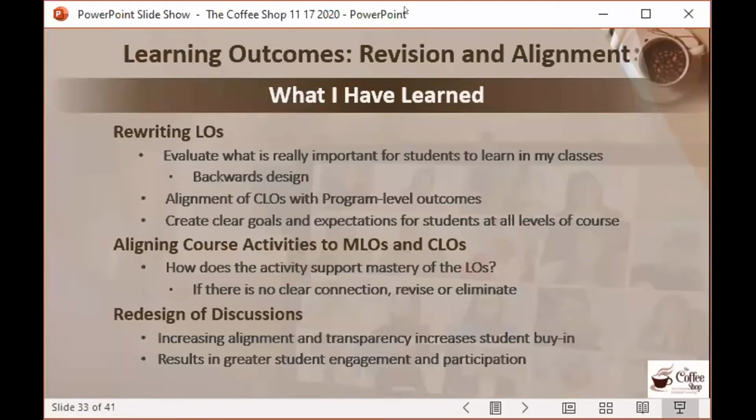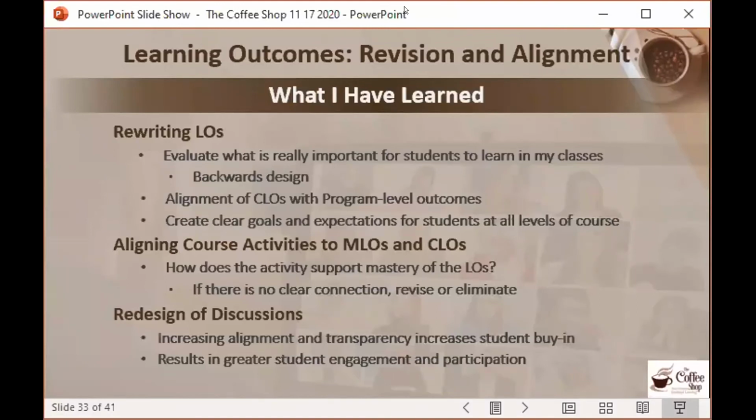So what have I learned? Taking on this Herculean task of rewriting and aligning all of my learning outcomes, I've really had to evaluate what is very important for my students to learn.